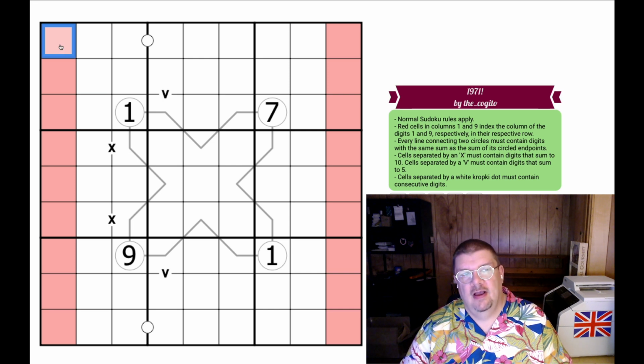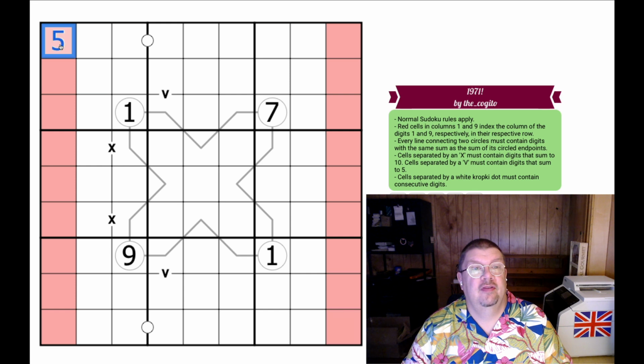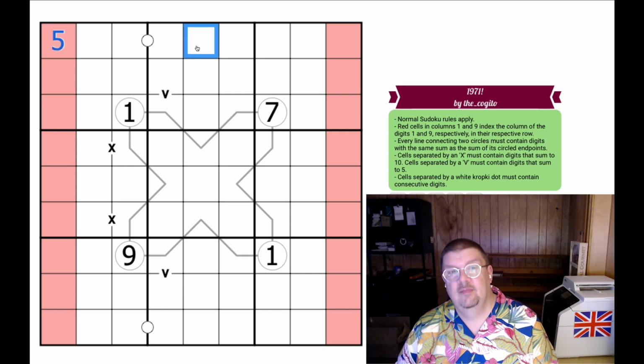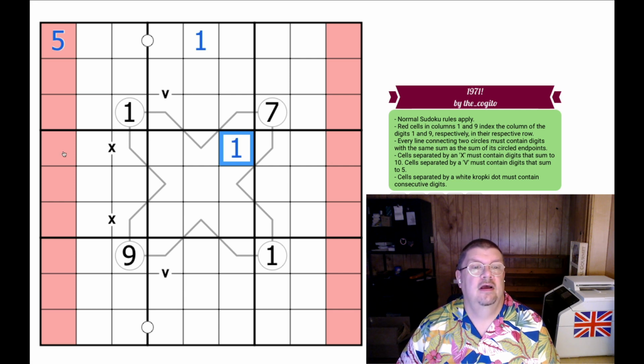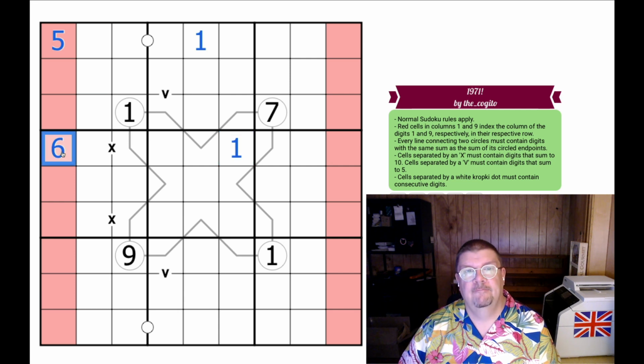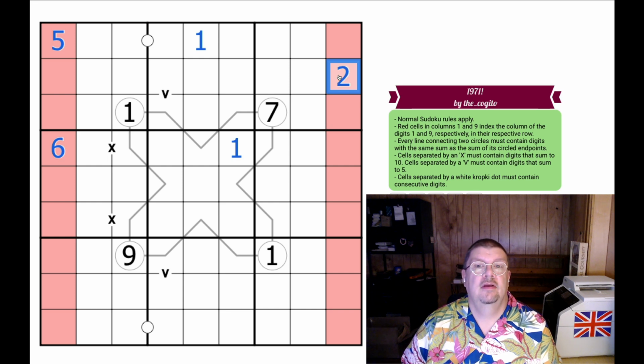So if I were able to discover that this was a 5, I could then place a 1 here. And conversely, if I were able to discover that this was a 1, I could then place a 6 here. The same will happen for 9s. So if I discovered that this were a 2, then I could place the 9 here.